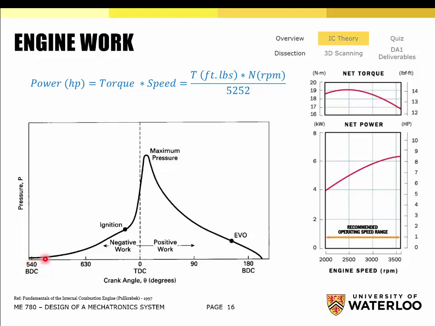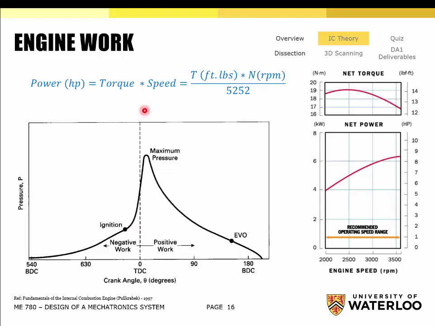We start moving up and the pressure starts increasing, almost exponentially, right to the point where we ignite the mixture, and then there's a small delay, and then the pressure starts to rise because the combustion occurs. We actually time this maximum pressure to be slightly after top dead center. So you can see that that peak is occurring slightly after this dashed line.